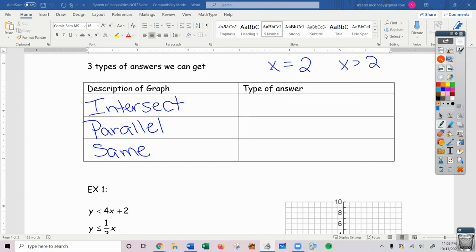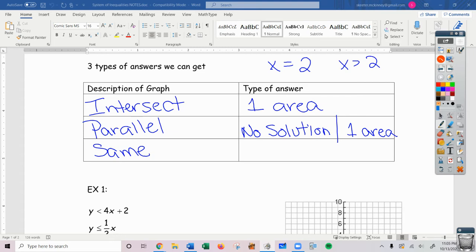So when we have intersecting lines, we're not going to have one solution. We are going to have one area. Okay, when we have parallel lines, we're now going to get some options. Parallel lines could still be no solution, but parallel lines can also be one area.